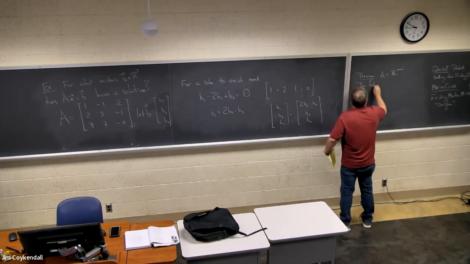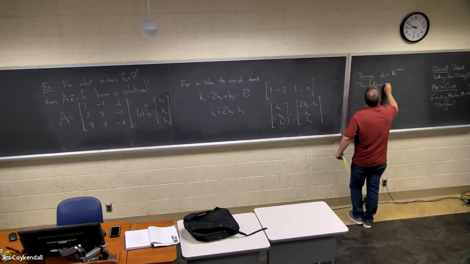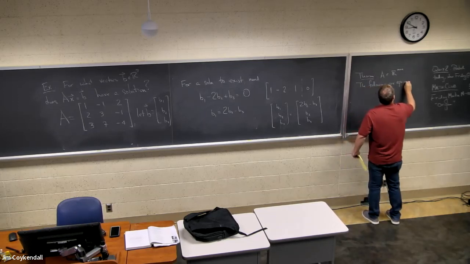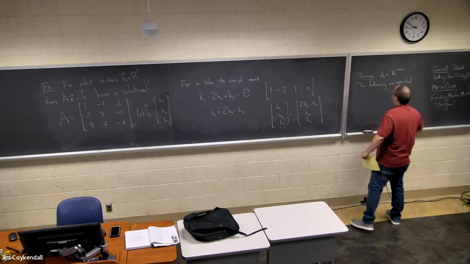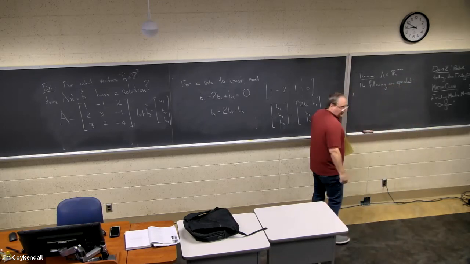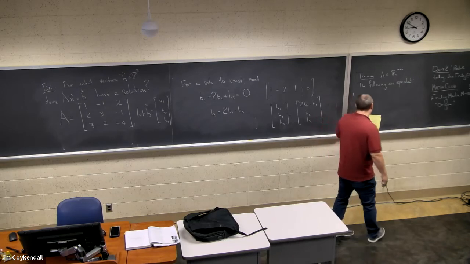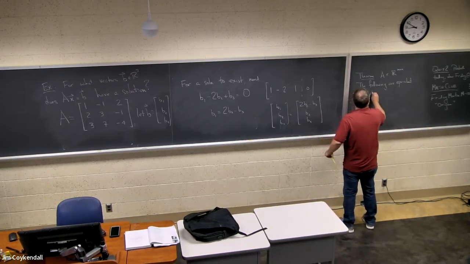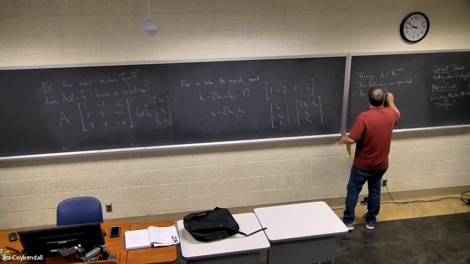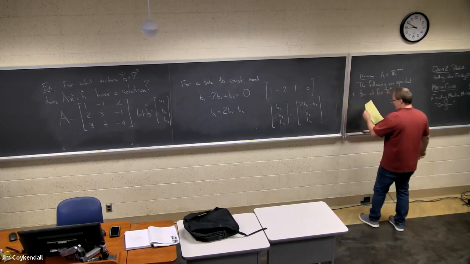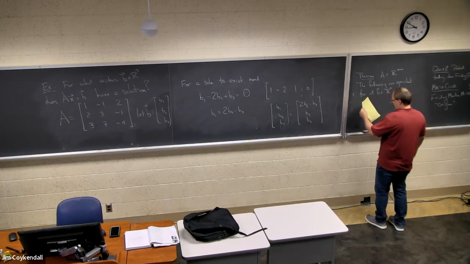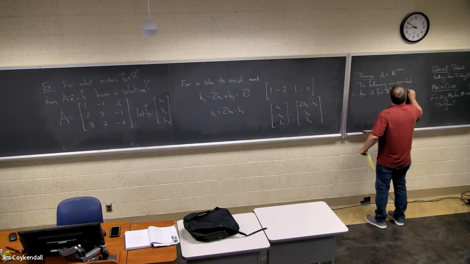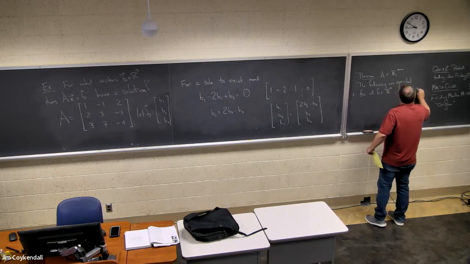The following are equivalent. By the way, when I say that, that means if one of these is true, then all of these are true, and if one of these is false, then they're all false. One: for all B vectors in Rm, so that's an m-row vector, Ax equals B has a solution.